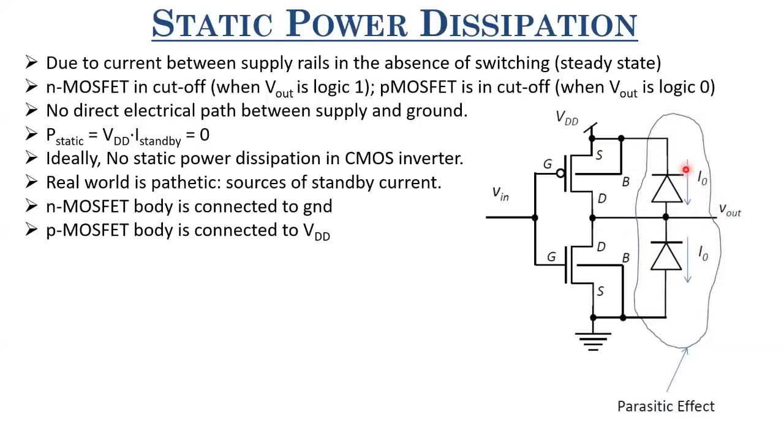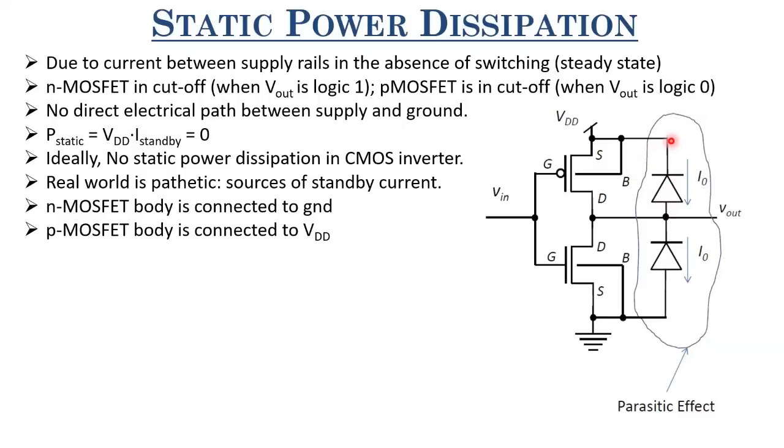Similarly, if you look at this parasitic diode, when this is VDD, so when Vout equals 0, this is highly reverse biased. And when Vout equals VDD, then this is unbiased. So if Vout is logic 0, that is, if Vout is grounded, then this is unbiased, but this is highly reverse biased.